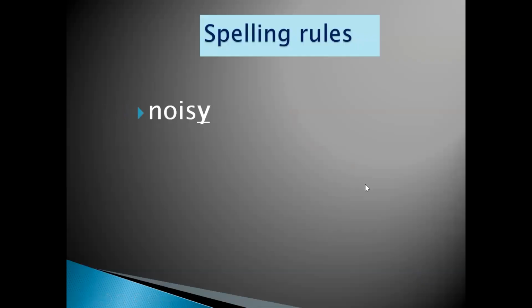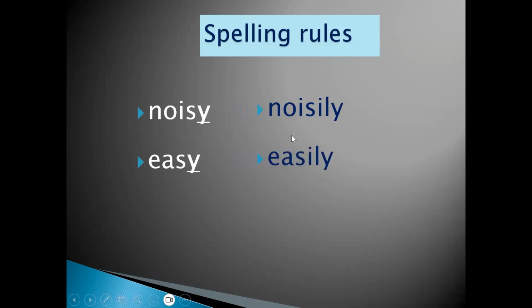And we have some rules, okay? Do you remember all the English classes, all the topics about tenses, about adjectives? We have some rules, okay? Noisy, noisily. Easy, easily. Angry, angrily.